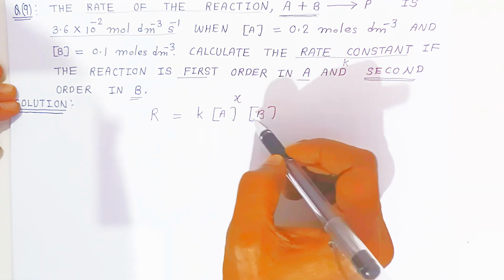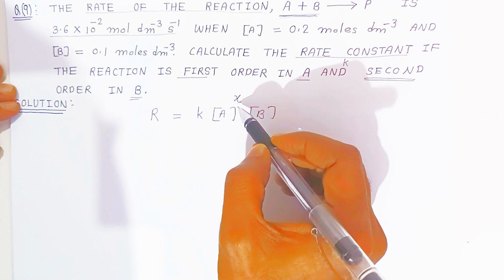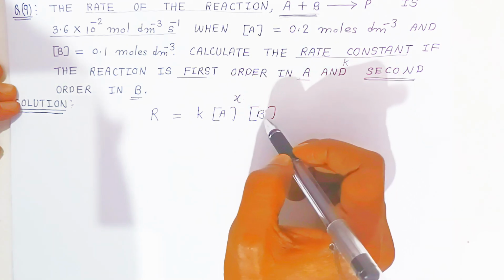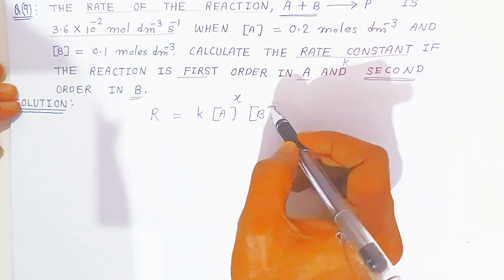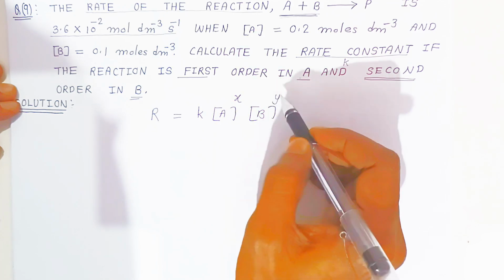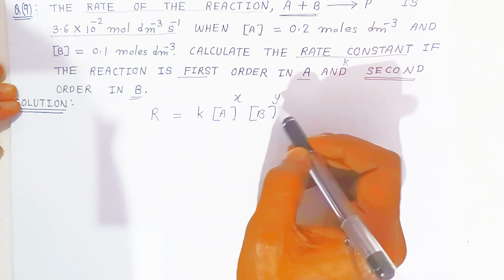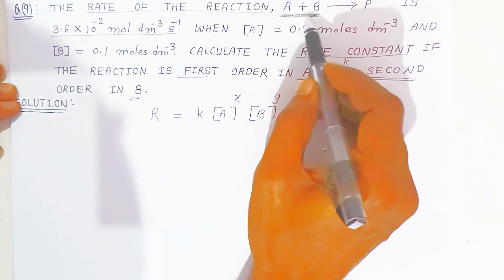The power of the concentration of A we represent with X, and the concentration of B and its power we represent with Y. With the help of the experimentally determined values, these X and Y we have taken in general. We have applied the rate law to these two reactants.